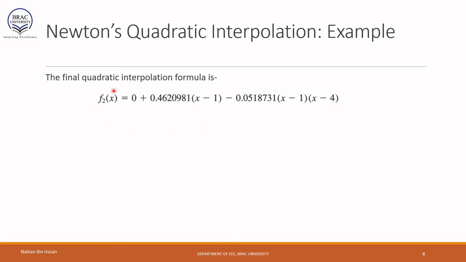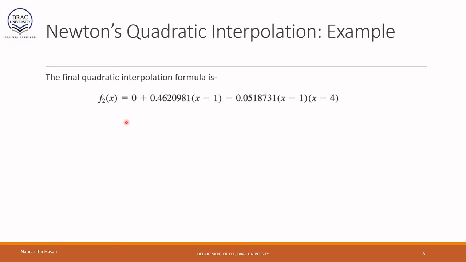So this is the main second order interpolating polynomial. We can easily use this interpolating polynomial to find the value of the function at any point between x equal to x0 and x equal to x2.